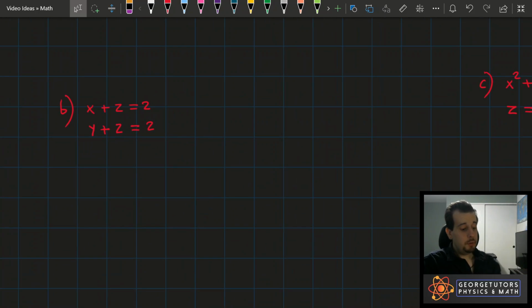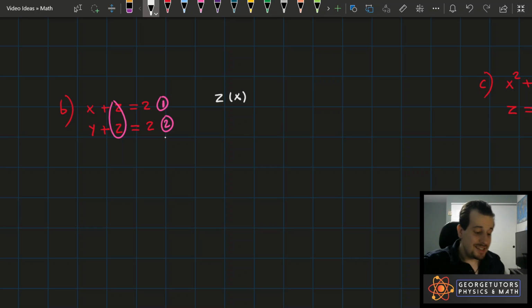Okay, what about the two planes that we see here? What can we do with them? Again, I'm looking for something that is identical between the two equations here, the 1 and the 2, and it's the z. So I'm going to go ahead and isolate for z in equation 1, giving me z as a function of x, and I'm going to have 2 minus x for that.